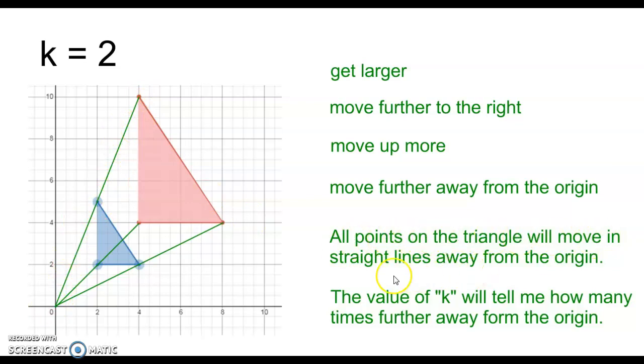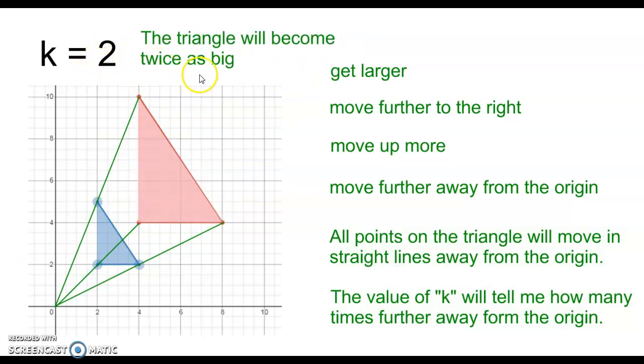All points in the triangle will move in a straight line away from the origin. That's how this thing moves. And I think if K is a 2, the triangle will become twice as big and 2 times further away from the origin. So if I'm here, now I'm going to be twice as far away, each point on the new triangle.